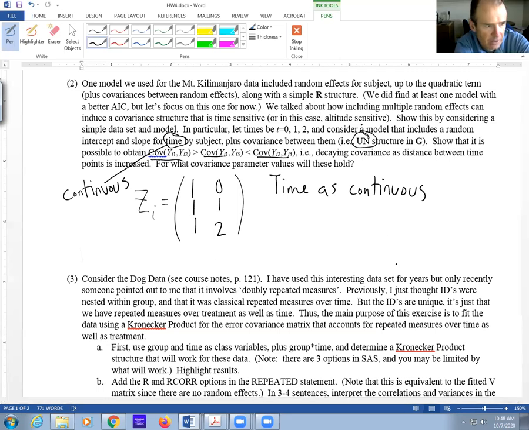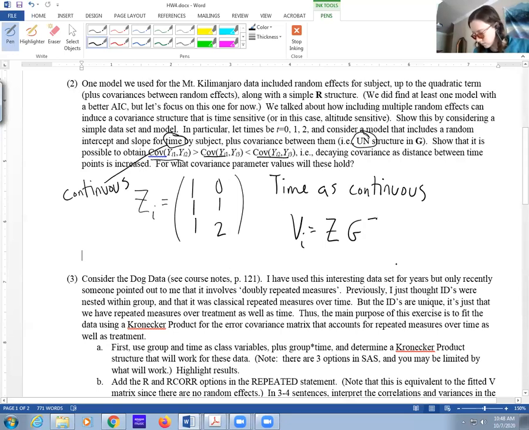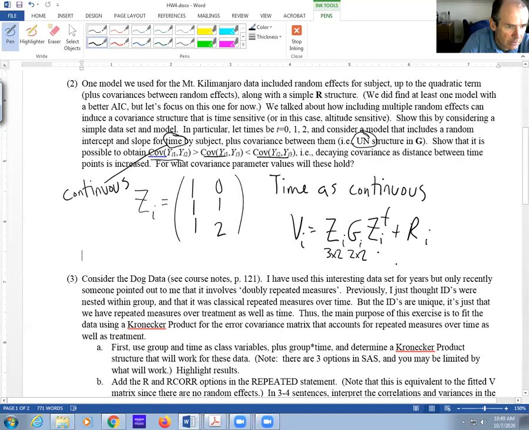So G is a 2 by 2, and when you do your V sub i, Z sub i is 3 by 2, G sub i is going to be 2 by 2, Z transpose will be 2 by 3, and R will be 3 by 3.